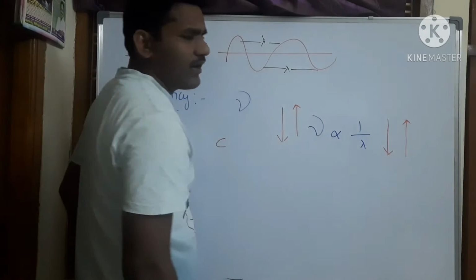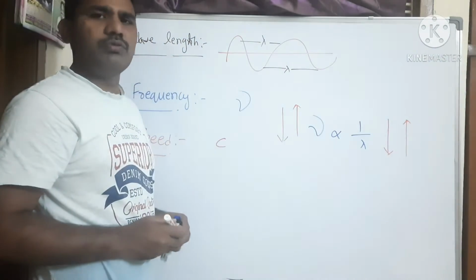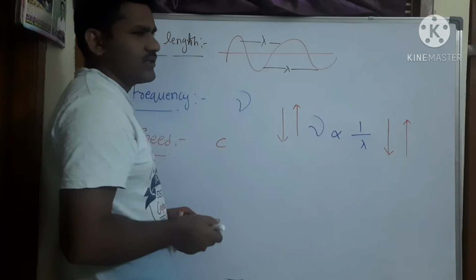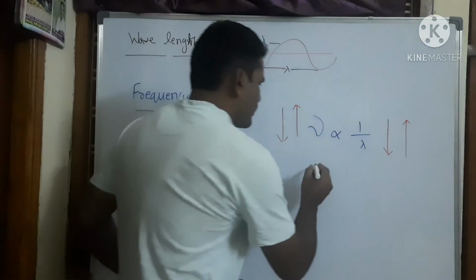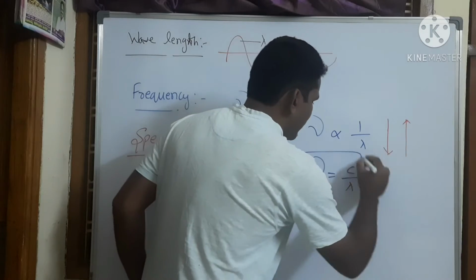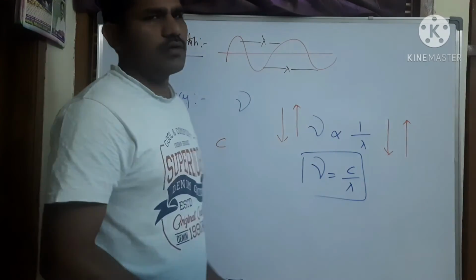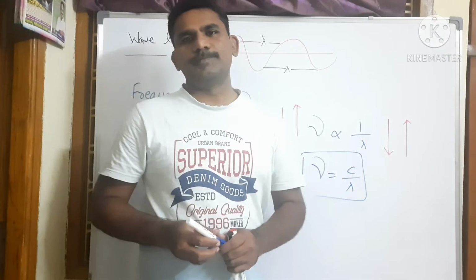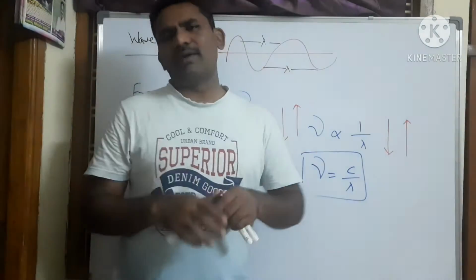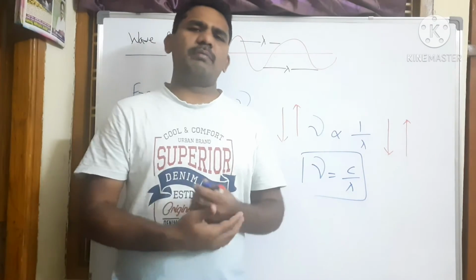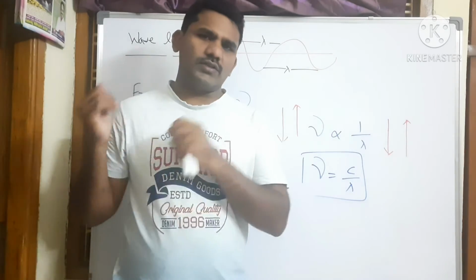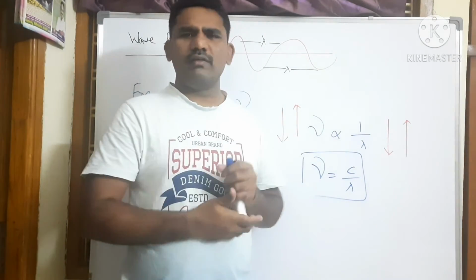In order to remove the proportionality, I am putting a constant c. So we can rewrite the equation as nu is equal to c by lambda. A very, very important relation. This relation is not only applicable for electromagnetic waves, it is applicable to all waves like sound waves, light waves and all other waves.